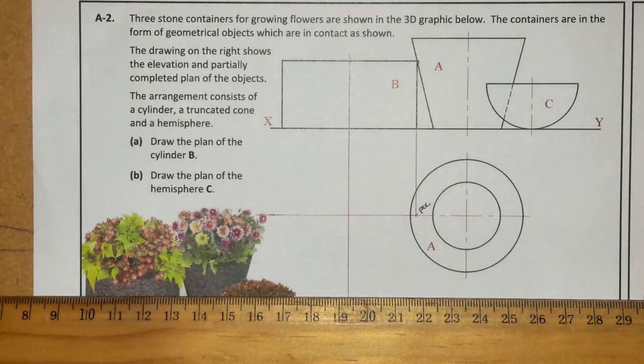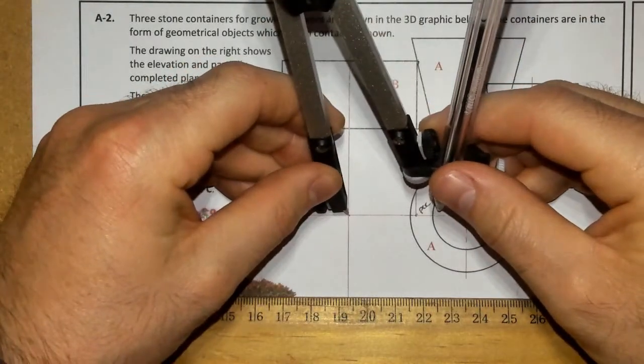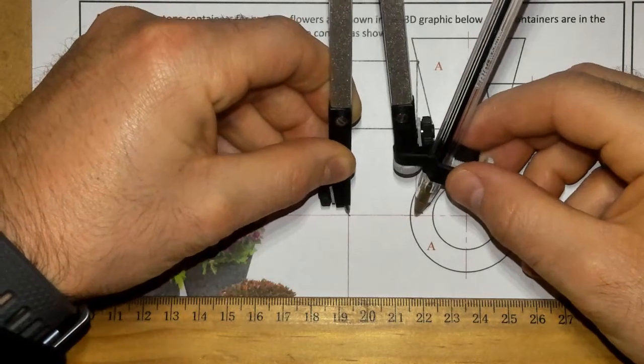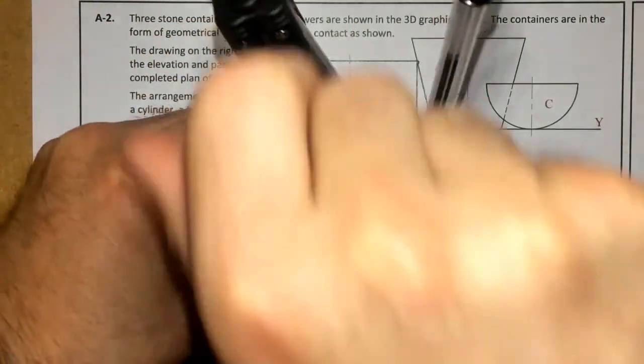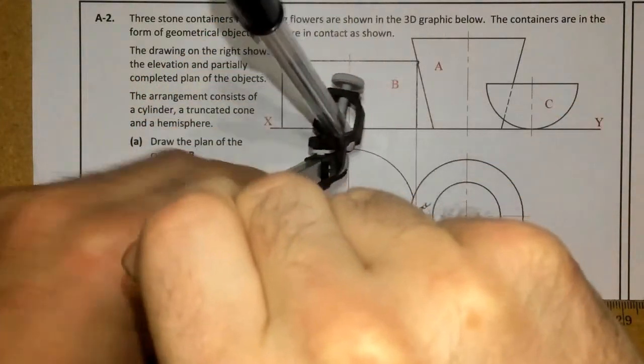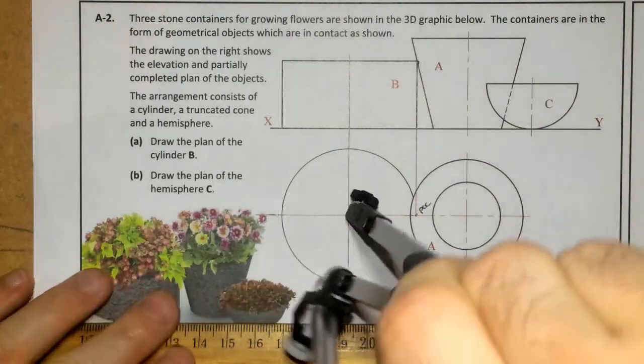Now I can draw in my cylinder as I look down the top of it. So I grab my compass, take the distance from the center to my point of contact, and draw that in my plan view, hopefully without slipping.